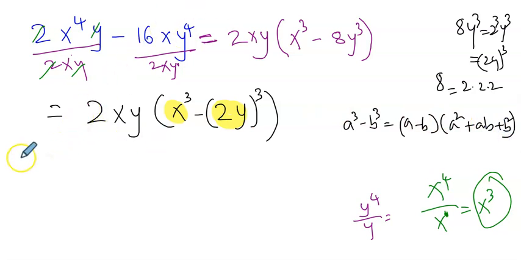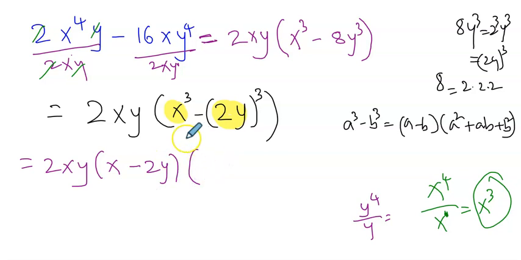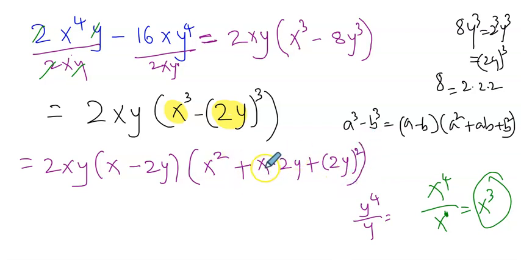So this becomes 2xy, I have to copy the 2xy, times your a is x and b is how much? The whole thing 2y, times a square, a is x, so x square, plus ab, that is x times 2y, plus b square, b is your 2y, 2y square, whole square, close the parenthesis.